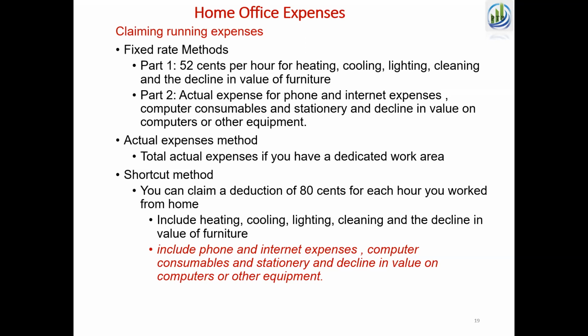Now, if you select the actual expenses method, you are not using the 52 cents. All the expenses you are going to claim are based on the actual expense for the home office. For example, electricity. Last year my electricity bill totalled $5,000. This year, when I started working from the home office, it is $5,800.